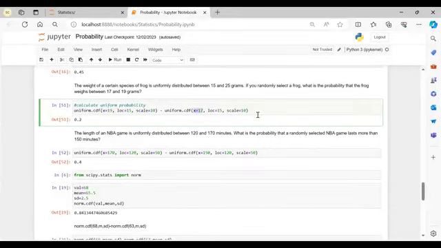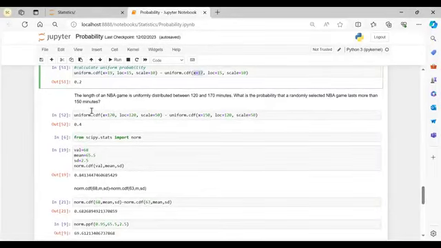That gives me 20%. So if you want to find the probability of a particular range, take the highest value first, consider the CDF of that highest value, and then subtract the CDF of the lower value. That will give you the probability of that particular range.